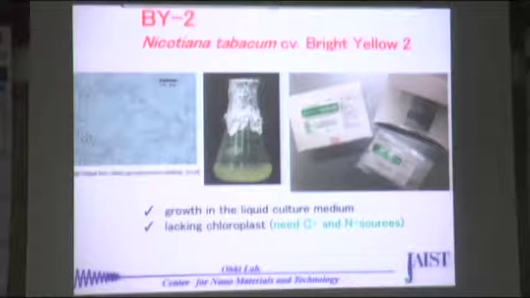BY2 is one of the tobacco plant cells. It grows in liquid culture medium, and BY2 lacks chloroplasts. That means the cells do not do photosynthesis, so they need carbon and nitrogen sources to survive.